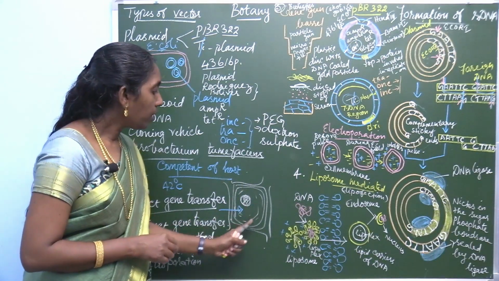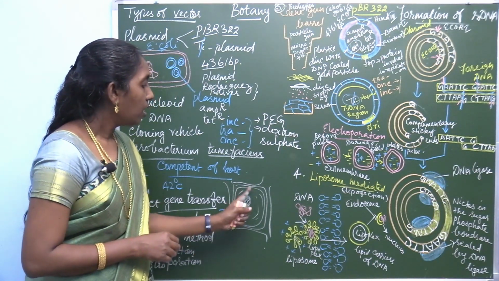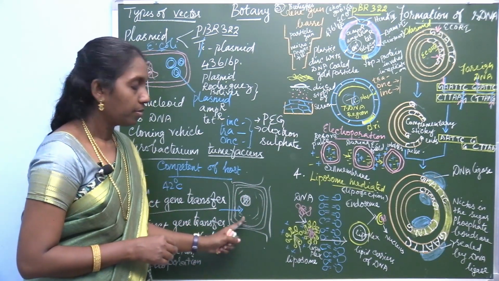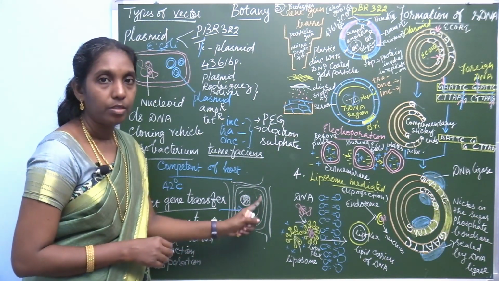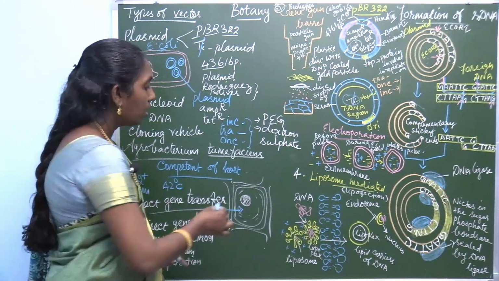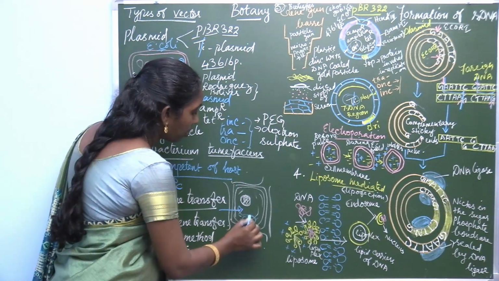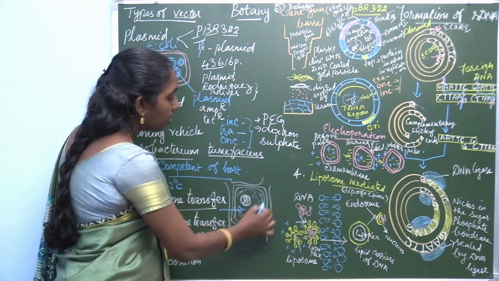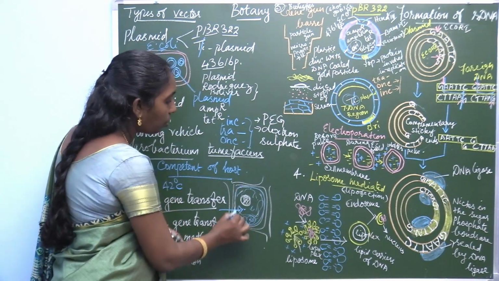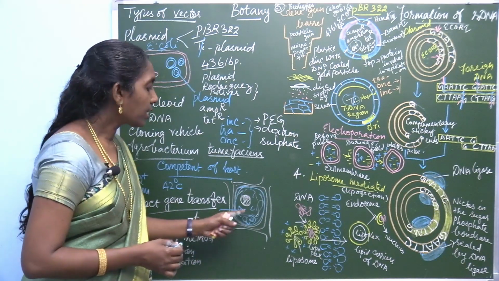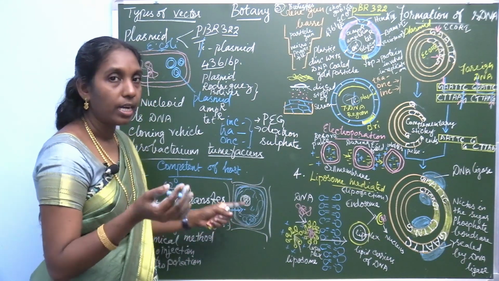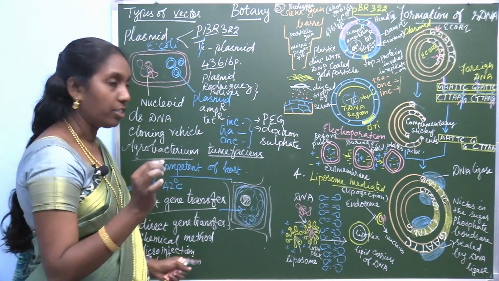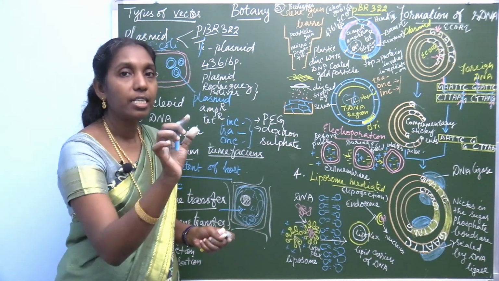Inside, there is the plasma membrane, nucleus, and different cell organelles like mitochondria and chloroplast. All these present inside are collectively called the protoplast. So the gene is transferred into the protoplast by microinjection.